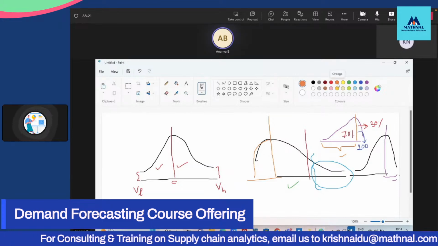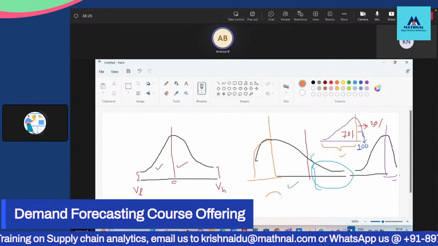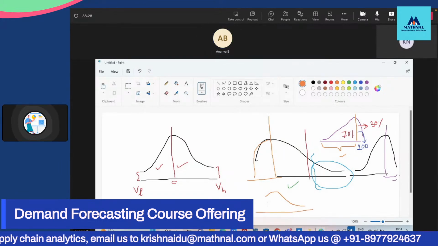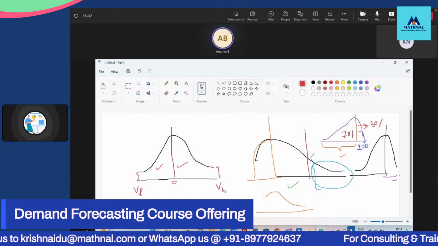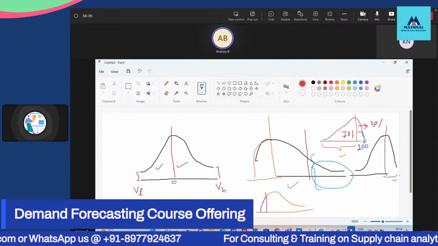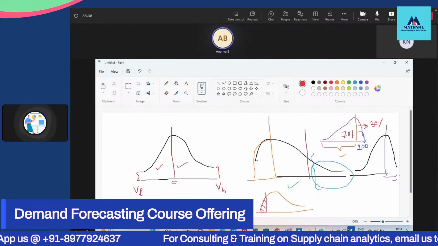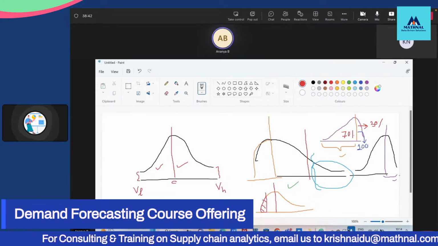I had a question. If you remove some of the low volume items, this is how the graph might look. Initially it was like this, and I've removed this part, so this is the part I have removed. This is the mean, so this is how it would look.